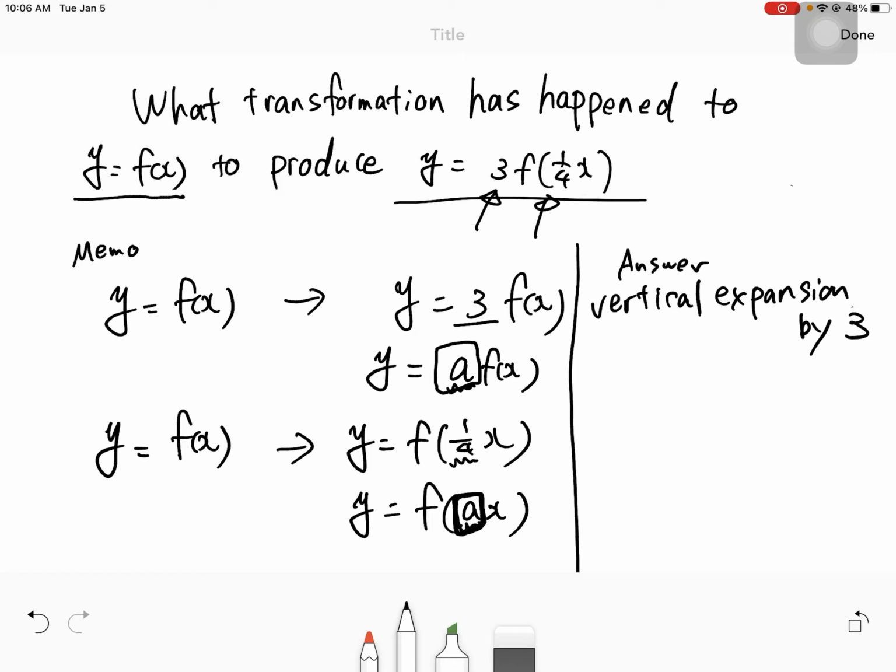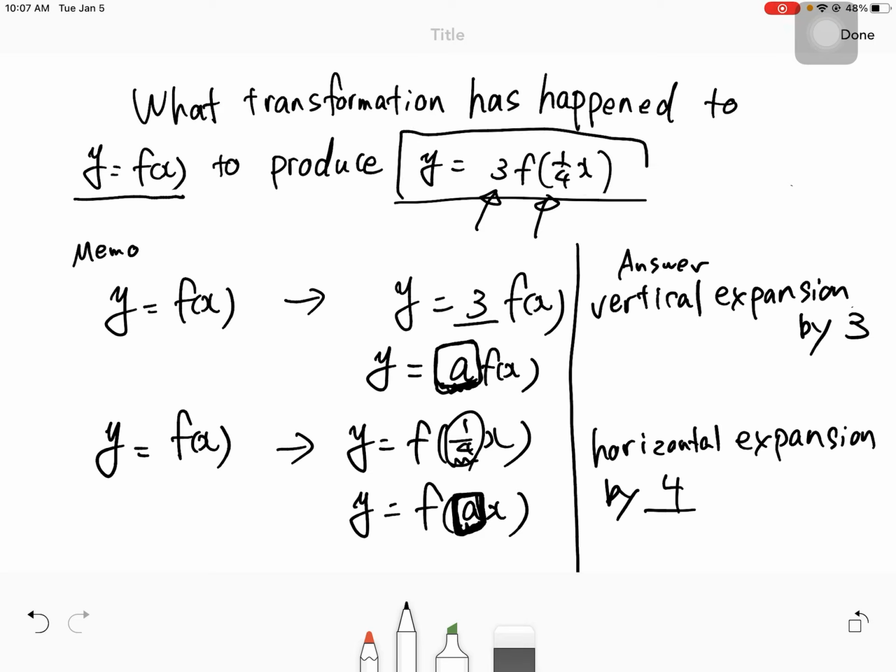In this case, this value is smaller than 1, so it's going to be horizontal expansion. And again, you have to be careful about the factor. In the case of vertical compression and expansion, the factor is the same as this value, but for horizontal expansion and compression, the factor is going to be the reciprocal of this value. So the reciprocal of 1 over 4 is 4.